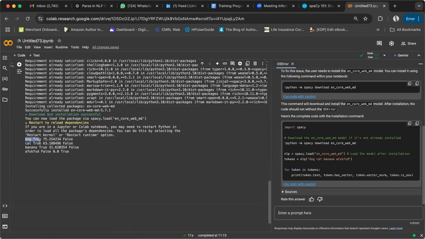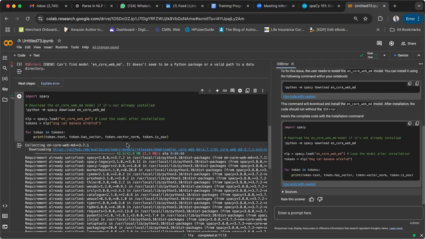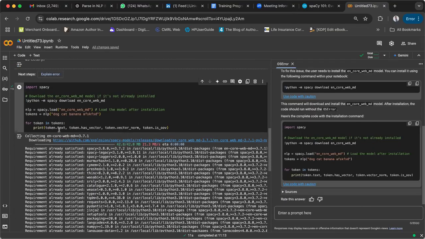So dog, it's true. Cat, true. Banana, true. Right? The unusual word is not as usual. So what the information says is that text has a vector. Dog has its vector, cat has its own vector, banana has its own vector.